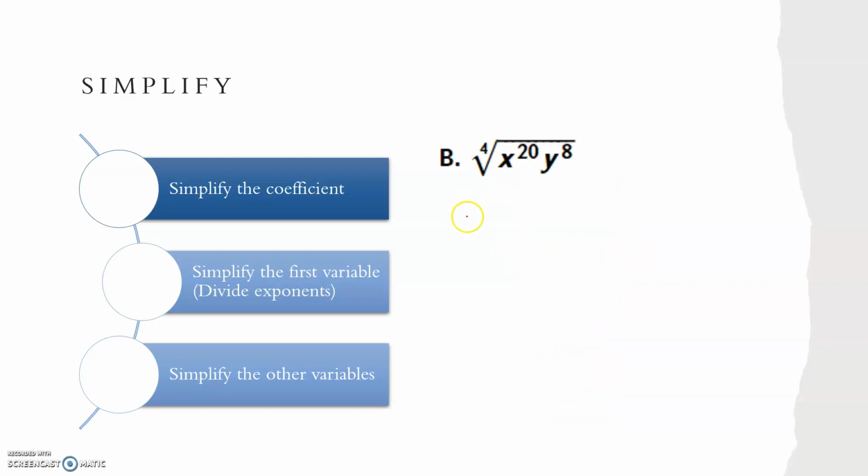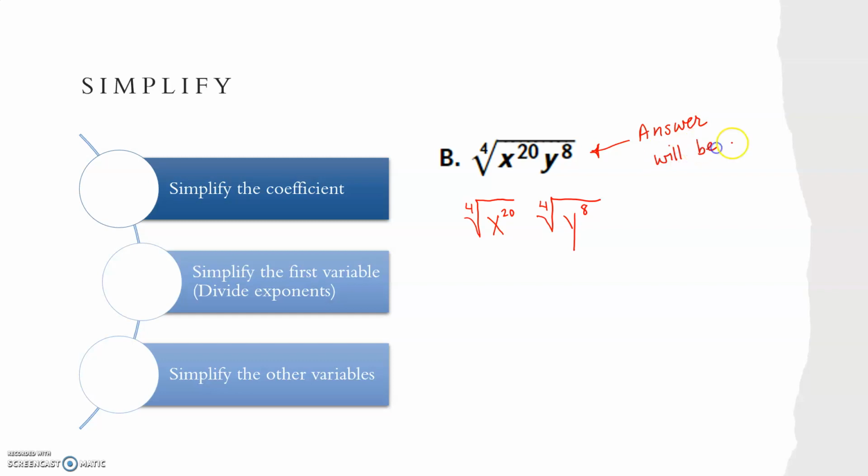So this one, you don't have to write this out if it's not helpful to you, but I'm going to see the x's as one thing, and then I'm going to see the y's as a different thing. I'm just separating those out. And I want to point out that we know, because of the way that we define this root sign, that our answer will be positive.